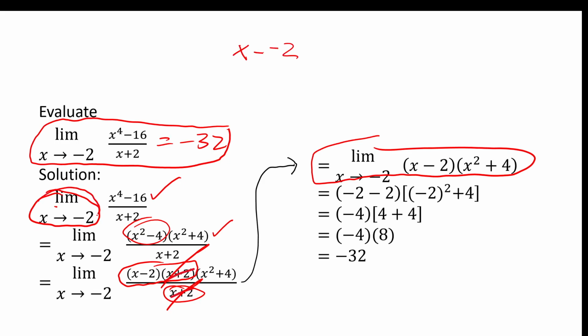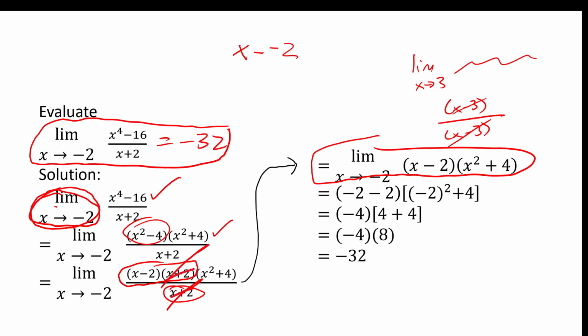So if we're determining a limit as x goes to negative 2 and subbing in gives us the expression 0 over 0, then what we want to do is get a factor of x plus 2 in the top and bottom and cross it out. If we're determining a limit as x goes to 3 and we get a 0 over 0 indeterminate form when we plug in the 3's, then chances are what you want to do is get a factor of x minus 3 at the top and the bottom, cross them out, and then figure it out that way.